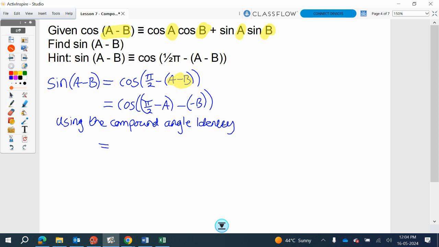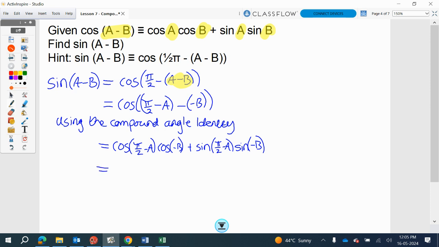identities. So putting it into the formula, I get the cosine of pi over 2 minus A, the cosine of negative B, plus the sine of pi over 2 minus A, sine of negative B. So using the various relations now, I can use the complementary angle identity and the negative angle identities.